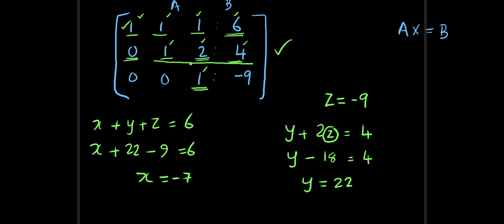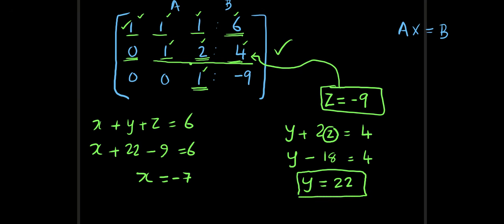And the last equation gives me the value of Z, which is equal to minus 9. I just plugged in this value in the second equation. I found the value of Y. And finally, I found the value of X using the first equation. So our solution is minus 7, 22, minus 9.